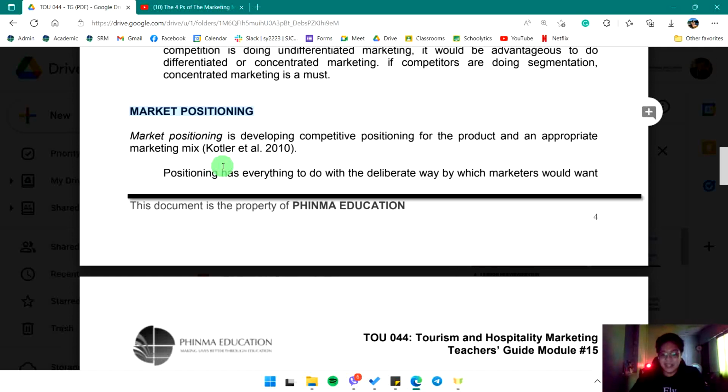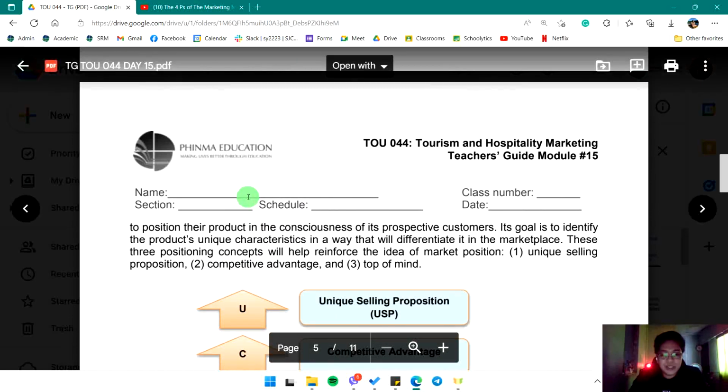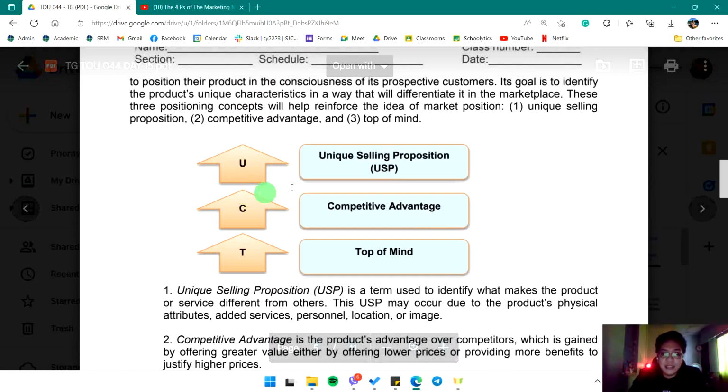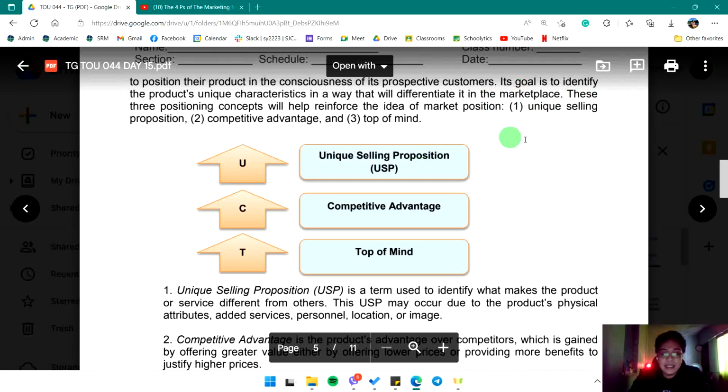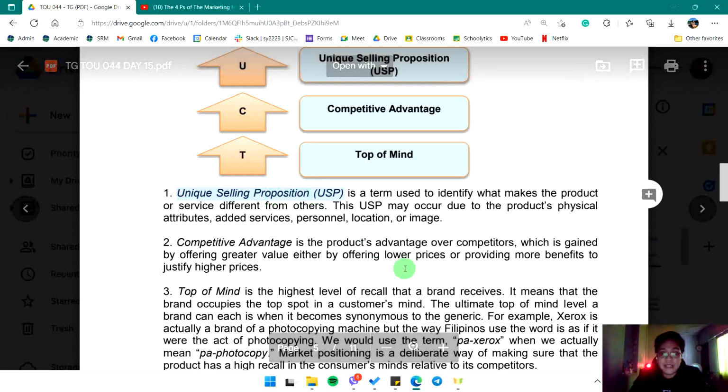Pang ilan tayo sa kanilang option, or kasama ba tayo sa options na titingnan nila pag bibili sila ng isang produkto? So, when it comes to market positioning, we have here 3 ideas to help us reinforce our market position. First is unique selling proposition or USP.